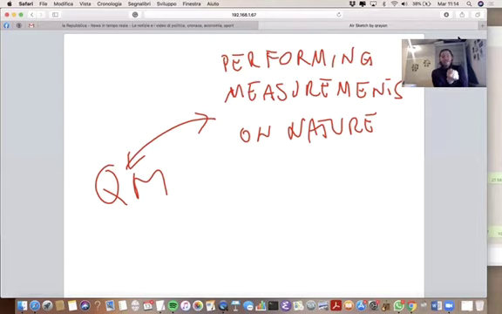All I can possibly do in science is understand the result of making experiments on nature. So, understanding the outcome of measurement. And it's an entirely different story.